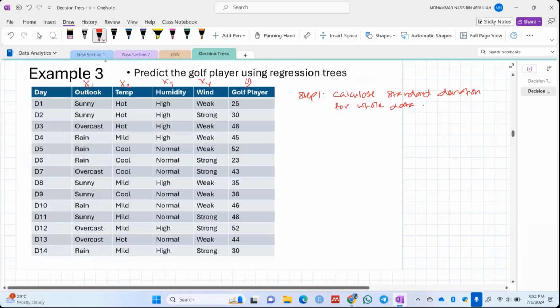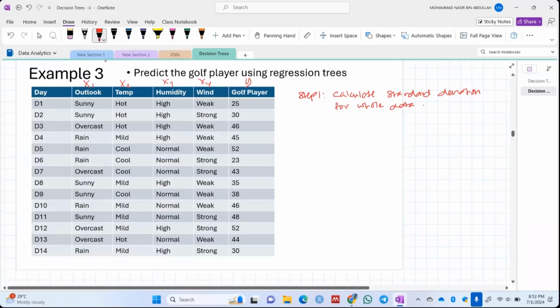For regression trees, one option is variance reduction, another option is the F-test. For classification trees, we have Gini index, entropy, and chi-square. This is a regression problem, so we will focus on the variance reduction method.